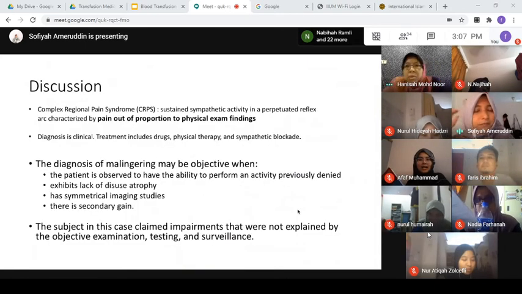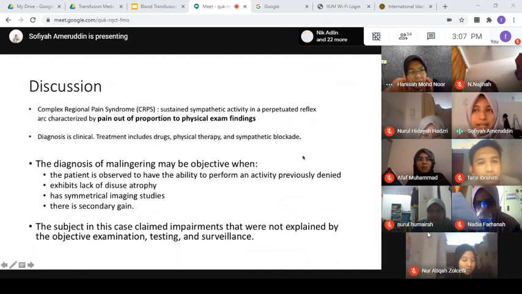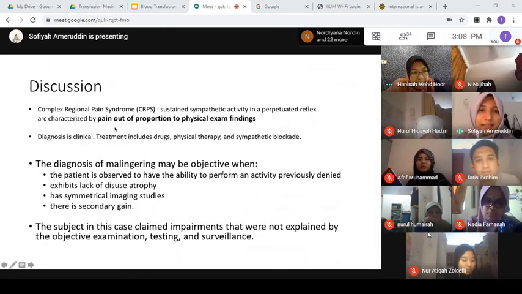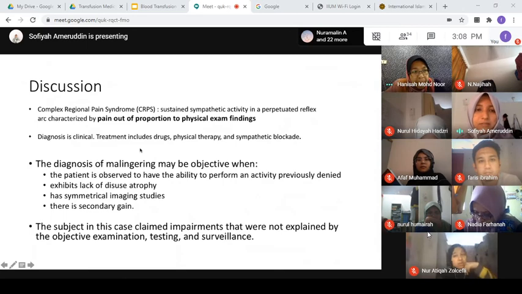So from this case, we know that the patient initially had a true injury, and then he was diagnosed with CRPS. So in our clinical setting, the patient may actually have a true history, and may be diagnosed with a true diagnosis. But later, after several investigations and even after treatment, if the patient does not respond to treatment, we may change our diagnosis.